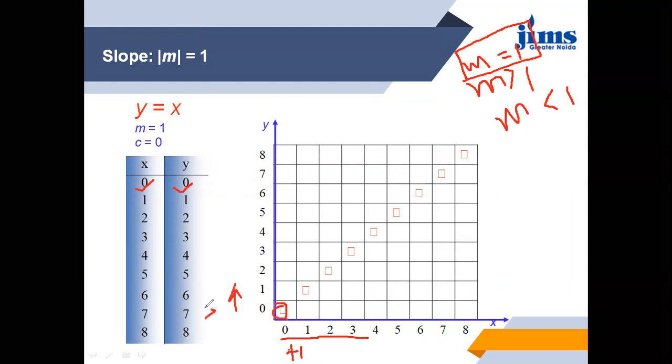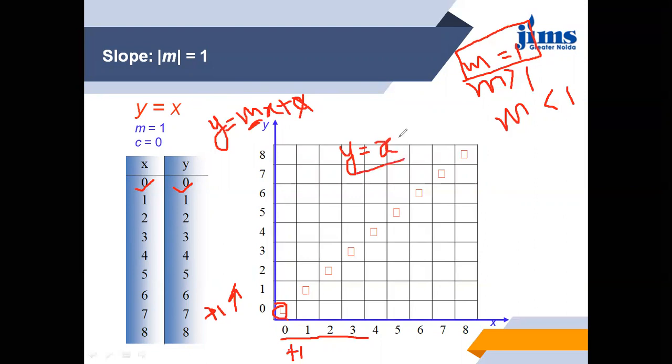No problem in the case of m equal to 1, because we can see from the equation also, y equals mx plus c. The value of c is 0, so this is cancelled, and the value of m is 1. So y equals x is the equation for the line when m is equal to 1.